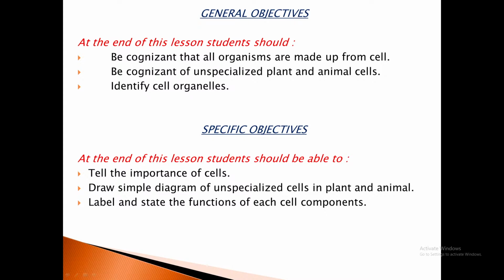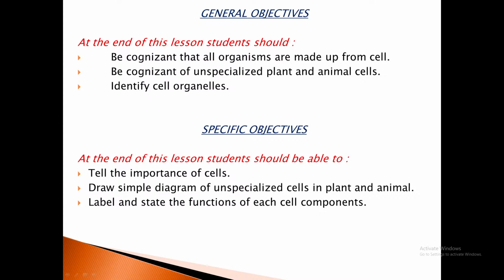So if you look in your immediate environment now, you can tell the things that are living from those that are non-living. The only way you can differentiate is by taking into consideration the 7 characteristics of living things, which we would have gone through.